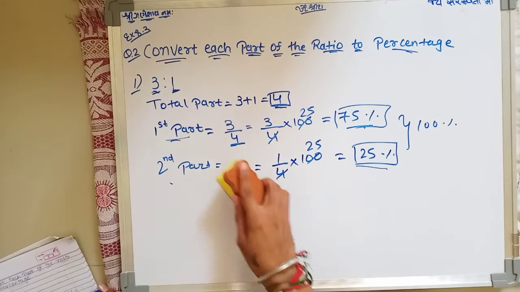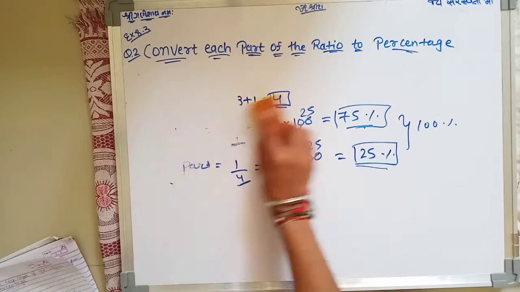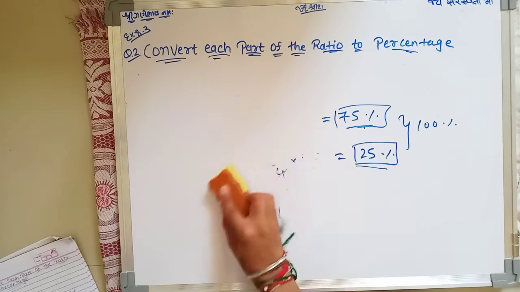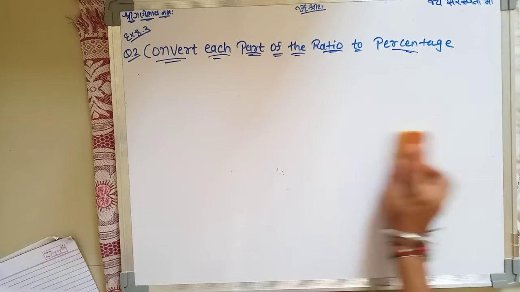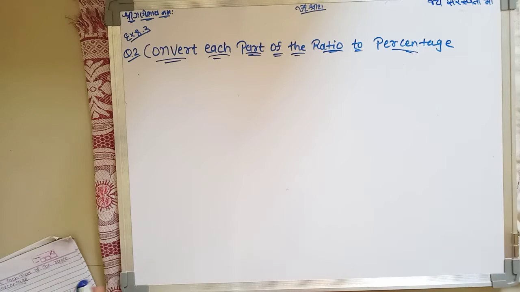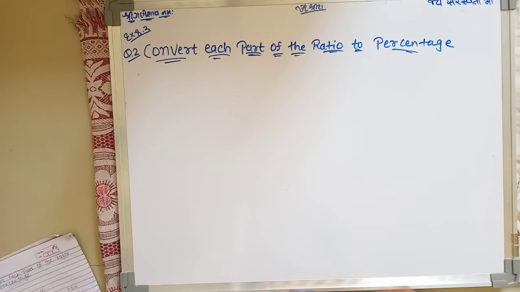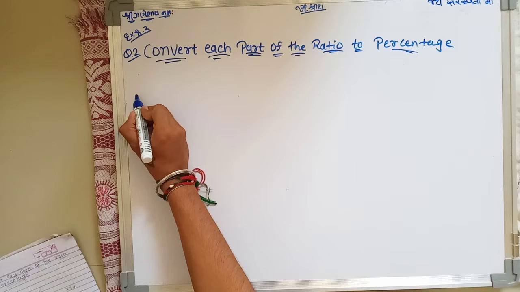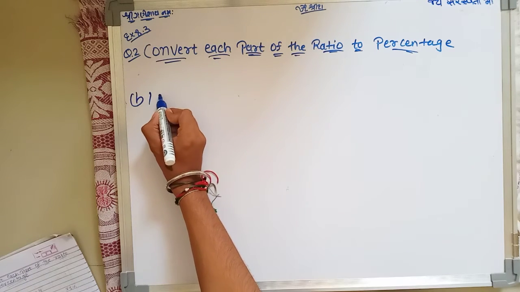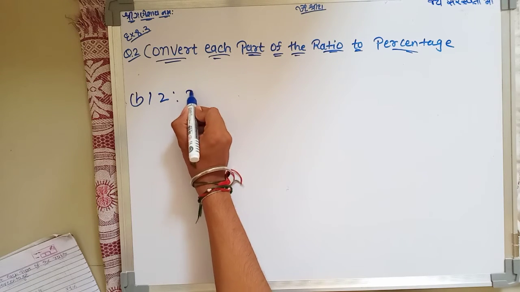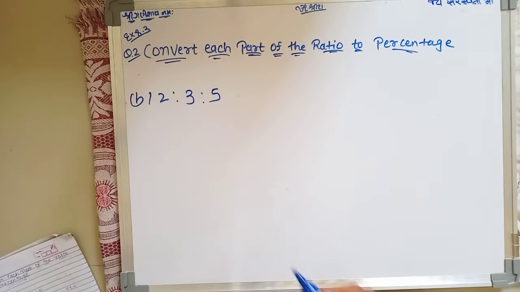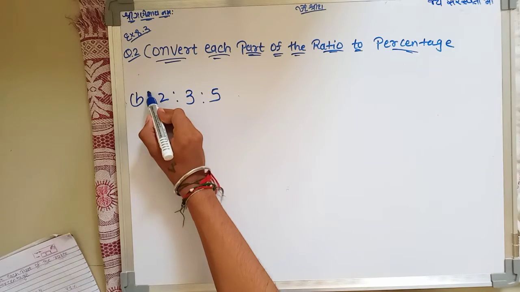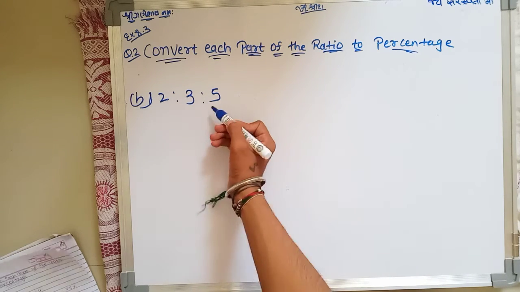So I will rub this out and let's see question number 2. Question number B, 2:3:5. This is 2, this is 3, and this is 5.